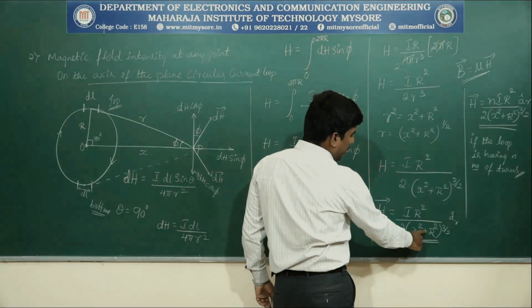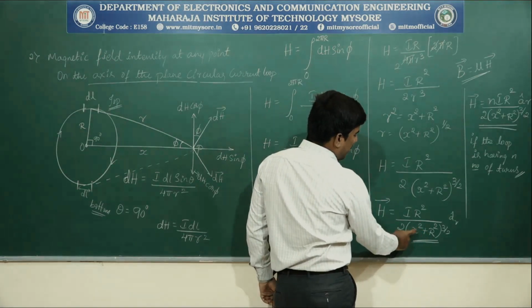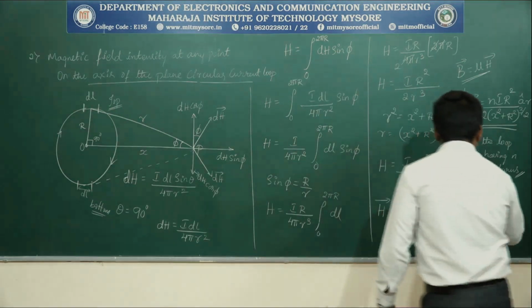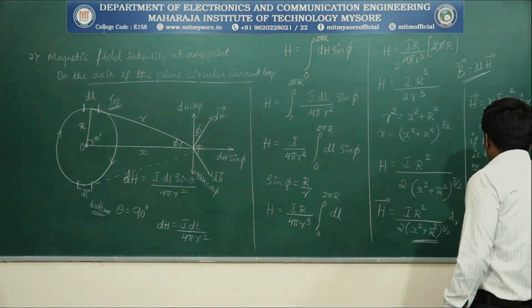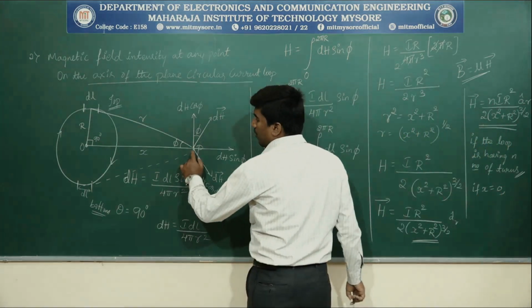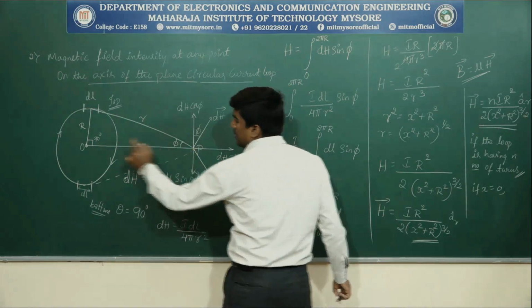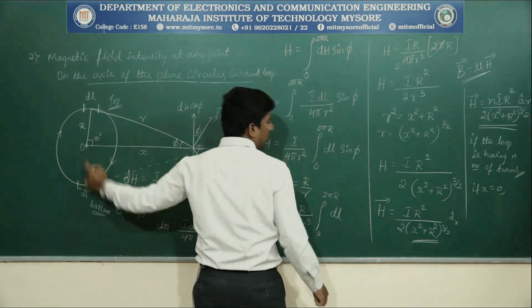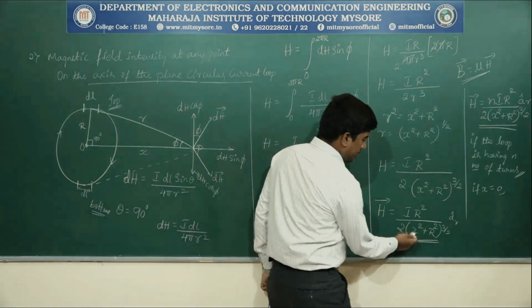At what point does x become 0? If I choose this point at the center of this circular current loop, x becomes 0.